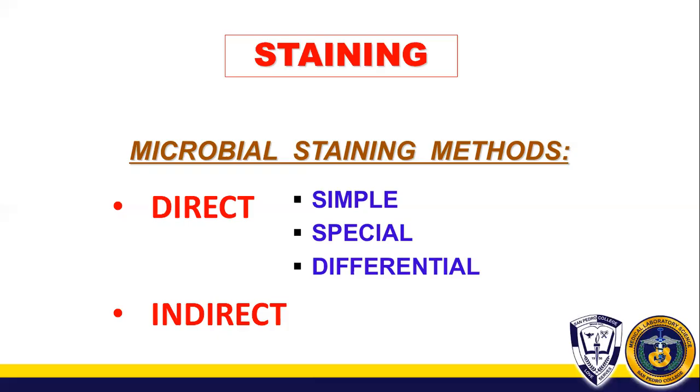Special staining methods can be either direct or indirect. One example of a special staining method that's indirect is your India ink. It's a special staining process for the identification of capsules. So that's indirect. However, the rest are actually direct staining methods.